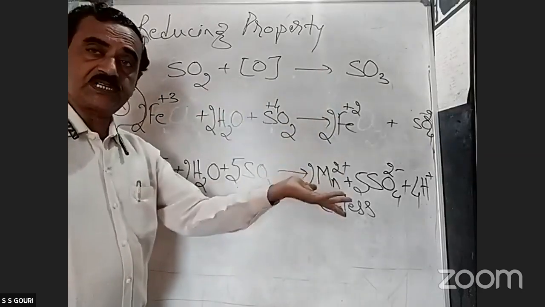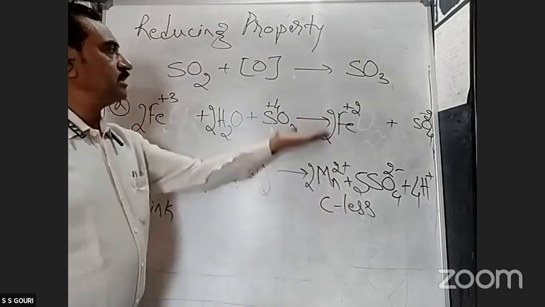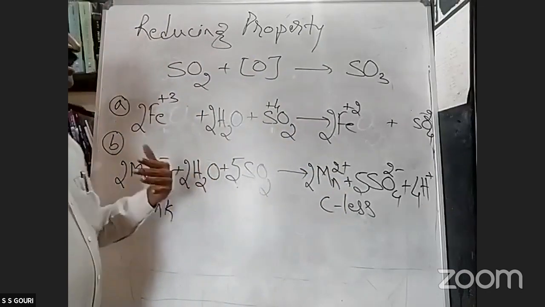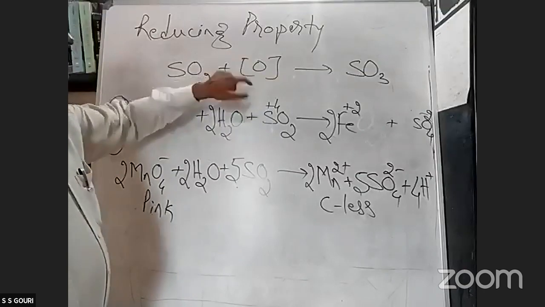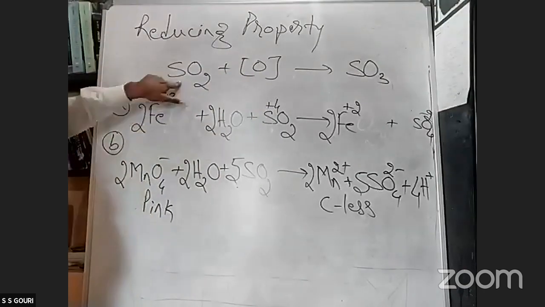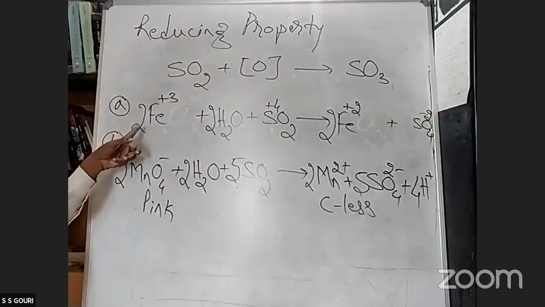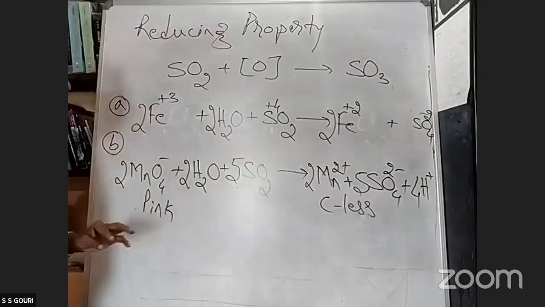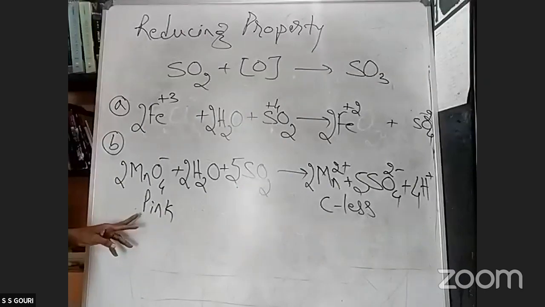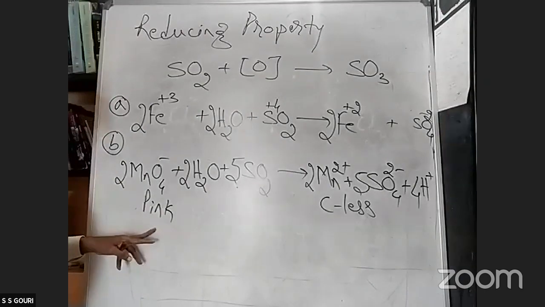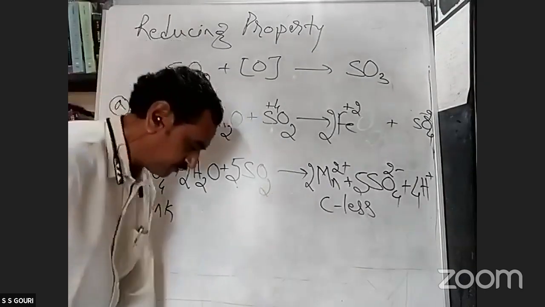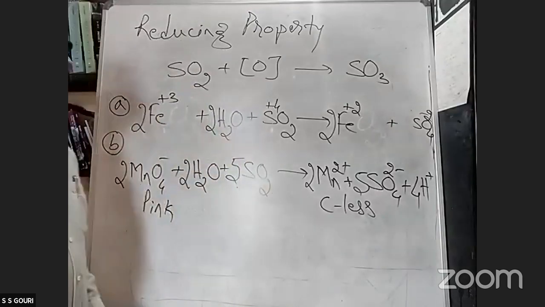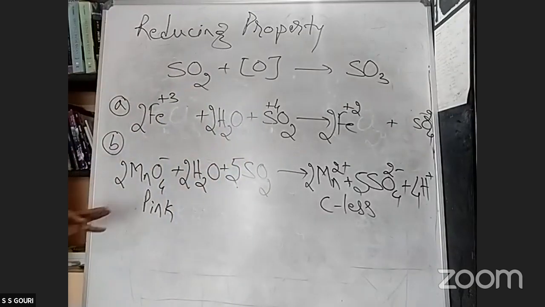If it produces nascent oxygen, it is oxidizing agent. If it accepts nascent oxygen, it is reducing agent. It undergoes oxidation. It reduces ferric ion to ferrous ion. It reduces pink colored permanganate ion to colorless manganese ions. Okay, ಬರ್ಕೊಂಡ್ರಿ equations na? Noted?